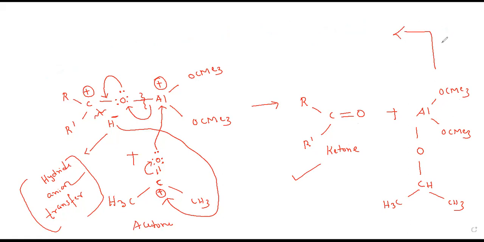Now this compound you can subject to hydrolysis, aqueous hydrolysis. So you will get H plus ion and OH minus, right? When water is dissociated, you will get H plus and OH minus.